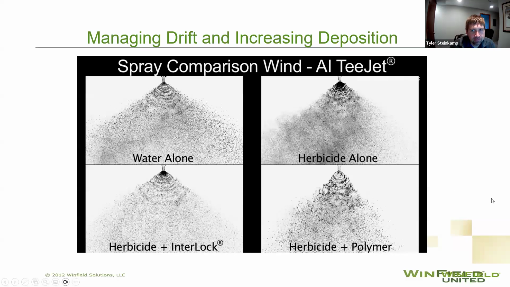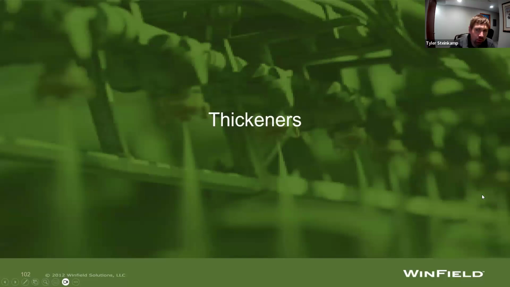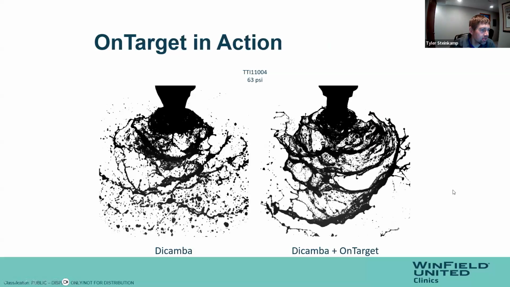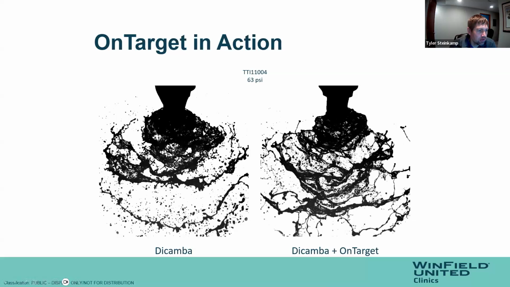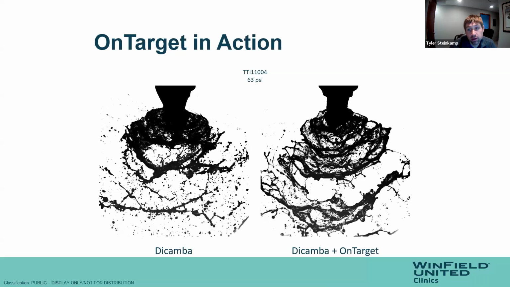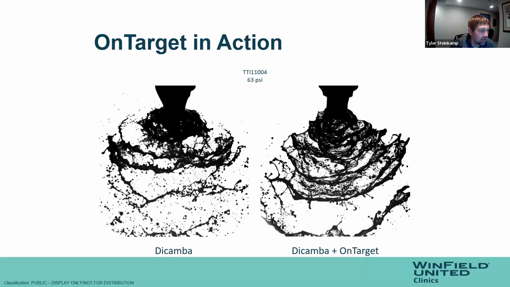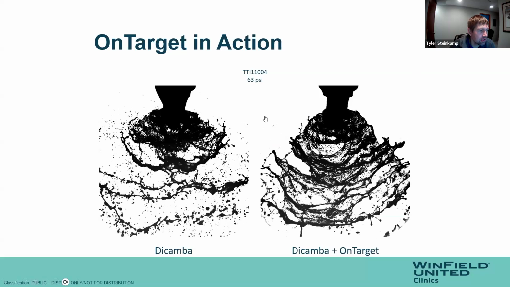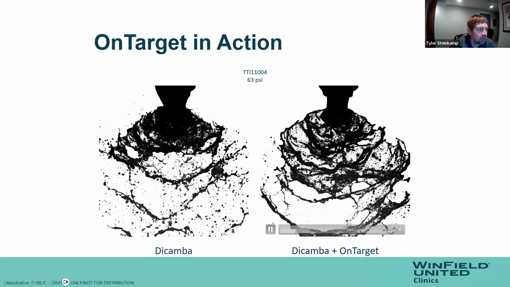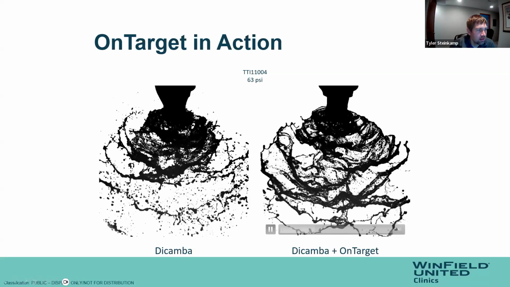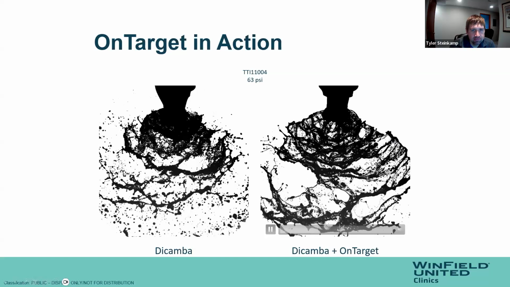Okay. All right, so we won't spend a lot of time on thickeners, mainly because, dicamba, unfortunately, we do not have an over-the-top label or even a pre-label for dicamba on soybeans. But you can see what that thickener, in this case On Target, is doing for this TTI nozzle. Okay.